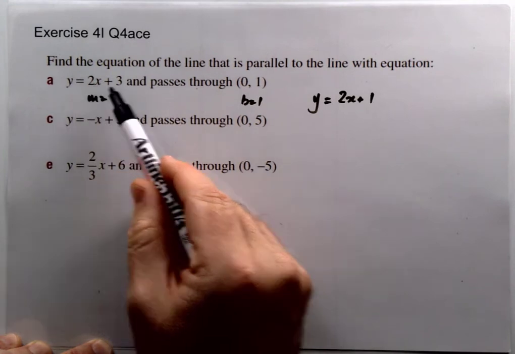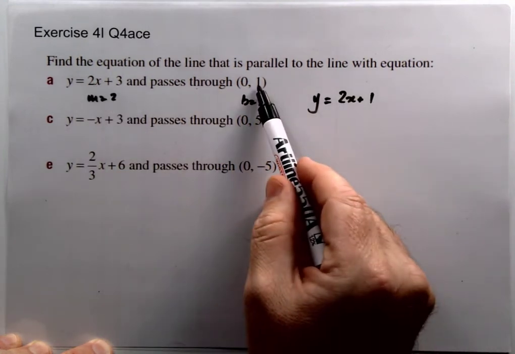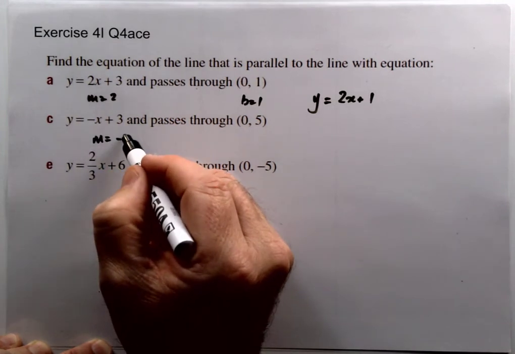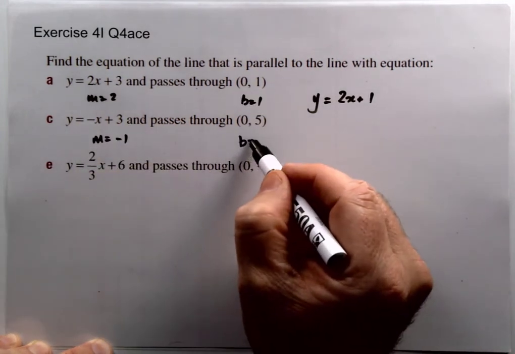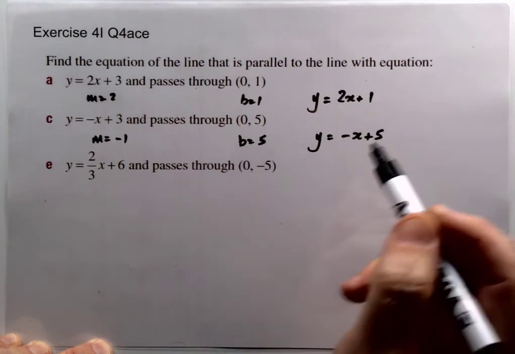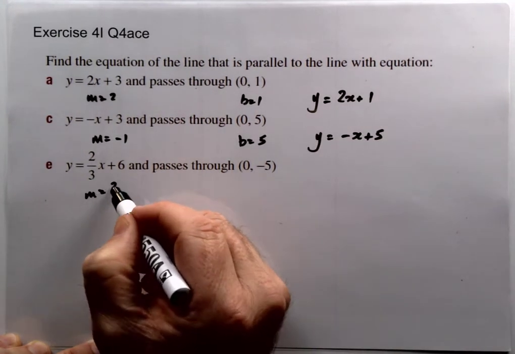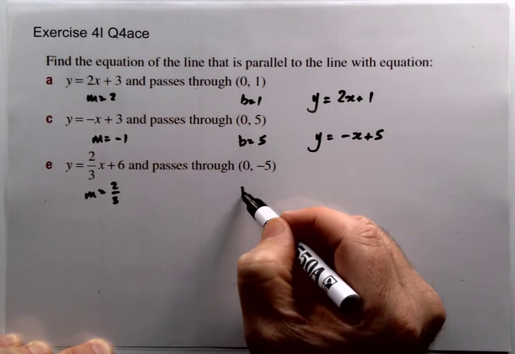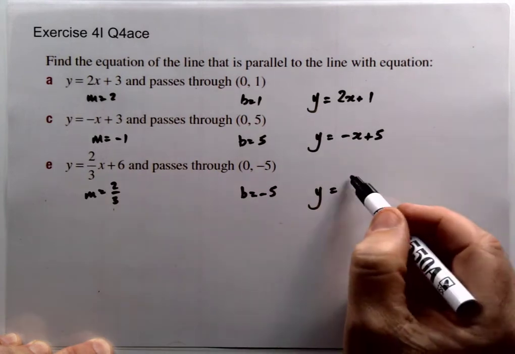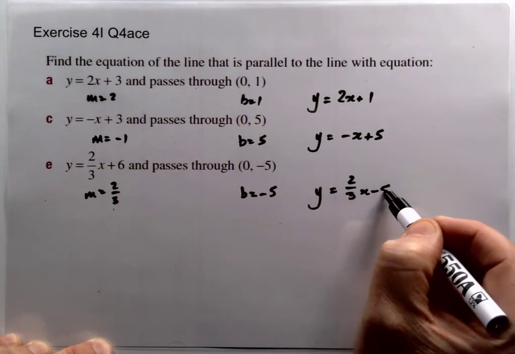So in other words, we have the same gradient, so they're parallel, and it passes through there. Similarly, m is equal to minus 1 here, b is equal to 5, so we can say y is equal to minus x plus 5. We've got m is equal to 2/3, b is equal to minus 5, so y is equal to 2/3 x minus 5.